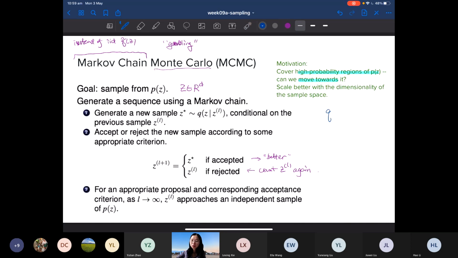From Z1, we get a Z2 that's independent of Z1, and we run this whole MCMC routine sufficiently long, and then we get another sample. In the beginning of this session, we said we might need a few independent samples, and that's sufficient. So here's how you get the next independent sample.